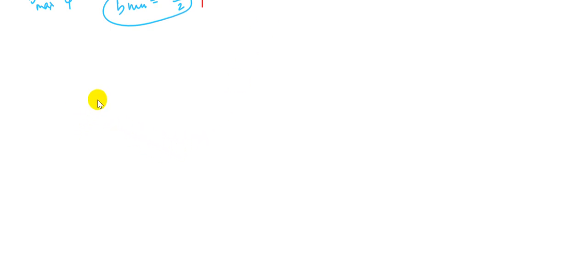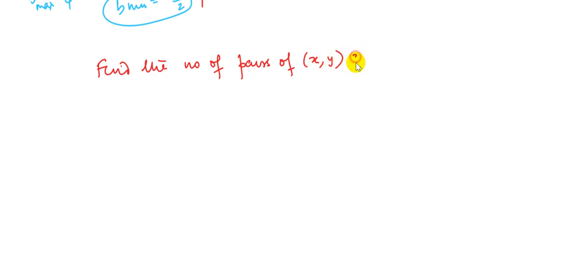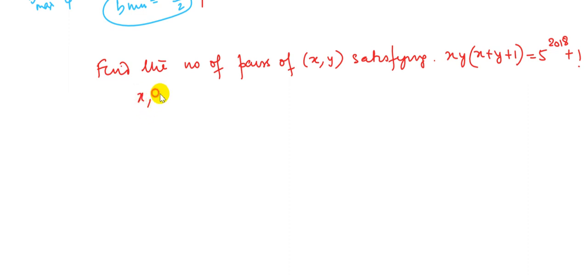Okay. Next concept. Find the number of pairs of x, y satisfying xy into x plus y plus 1 equal to 5 to the power 2018 plus 1, where x and y are integers.